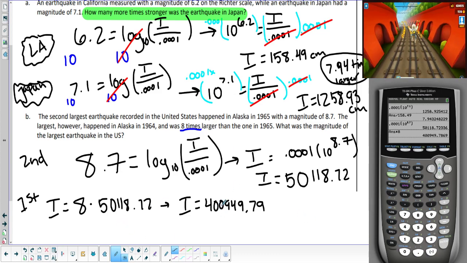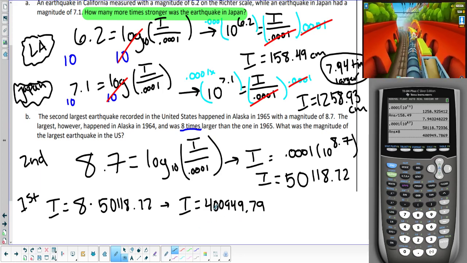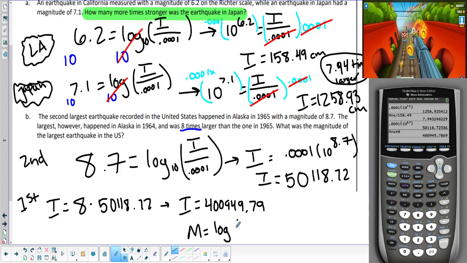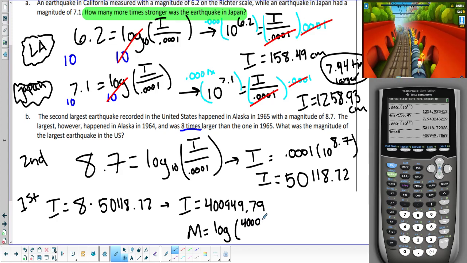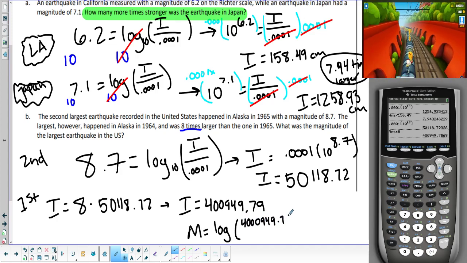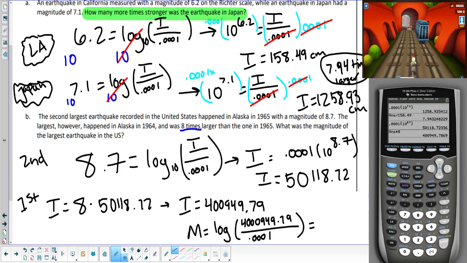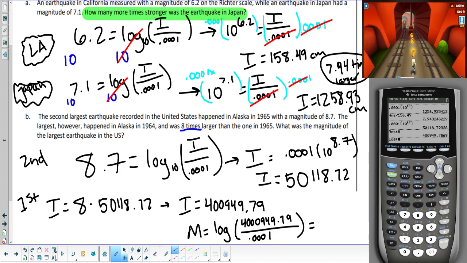All right, so what we want to find is the magnitude of this earthquake with this intensity. And so I know that the magnitude m is going to be equal to log of this giant number, 40,949.79, divided by 0.0001. And we're going to type that into the calculator.